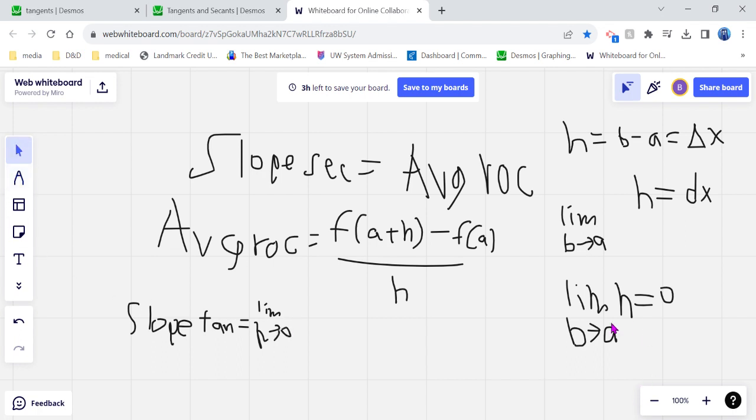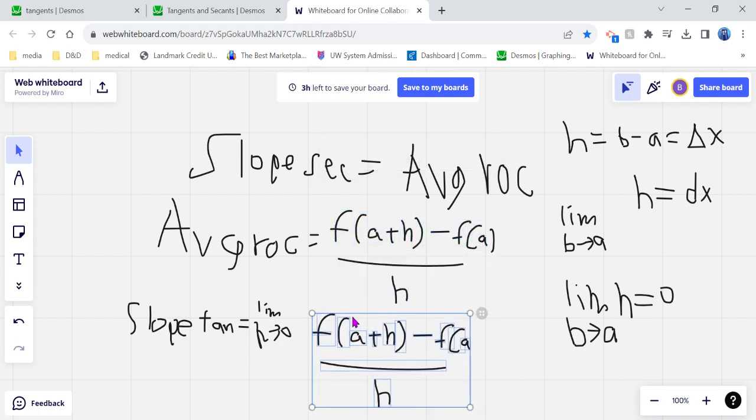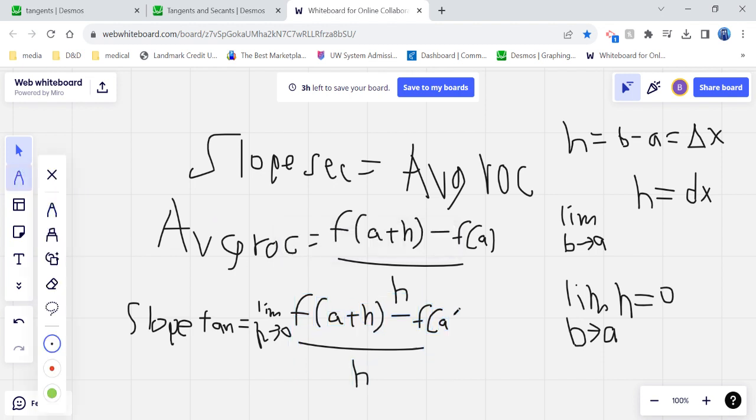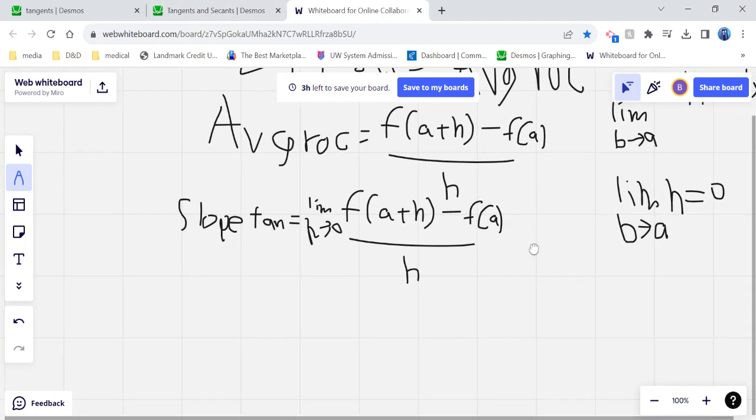Because again, as b gets closer and closer to a, that secant line gets closer and closer to a tangent line, and the distance between b and a gets closer and closer towards 0. So we can say that the slope of this tangent line is the slope of the secant line as the distance between the 2 points a and b gets closer and closer to 0.